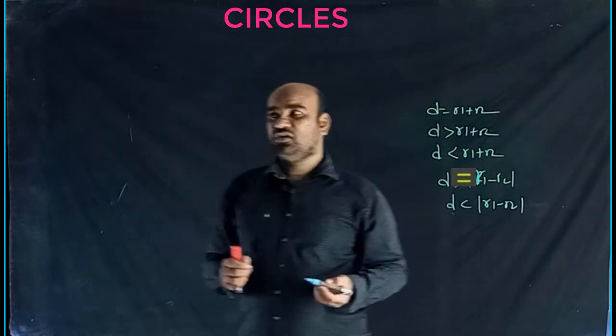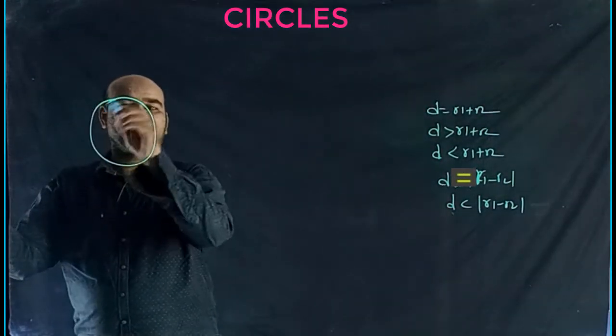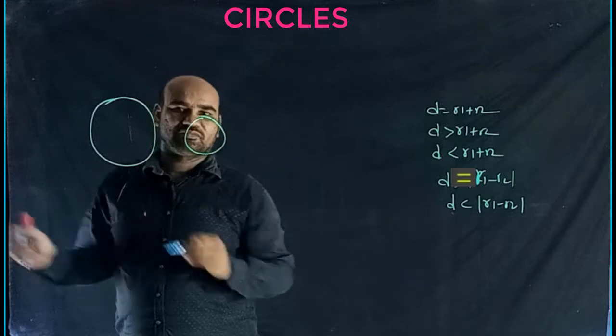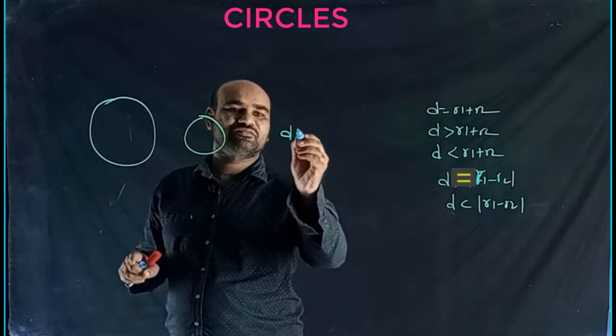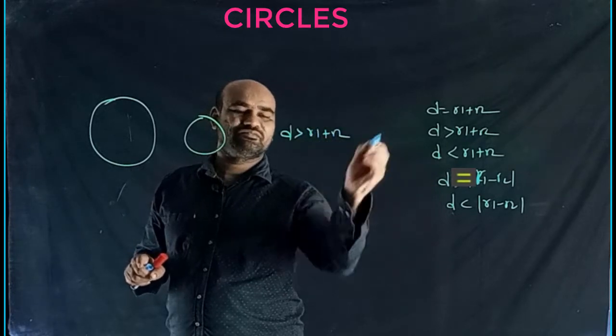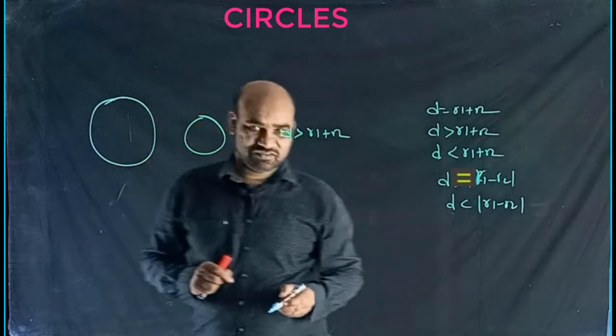So, an important thing: for example, these are two circles. In this situation, D is greater than R1 plus R2. In this situation, you can draw four common tangents.